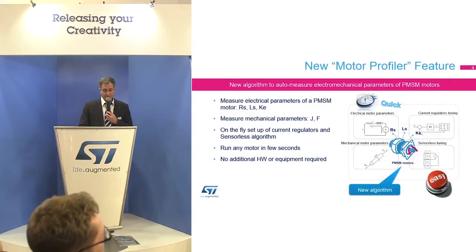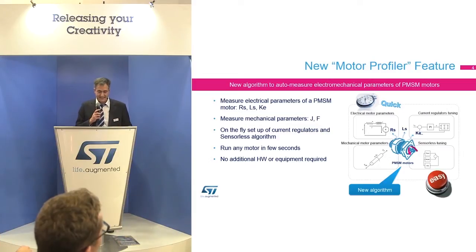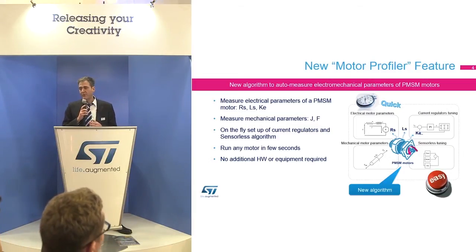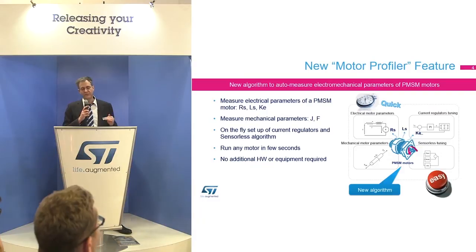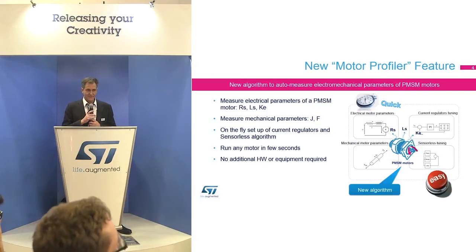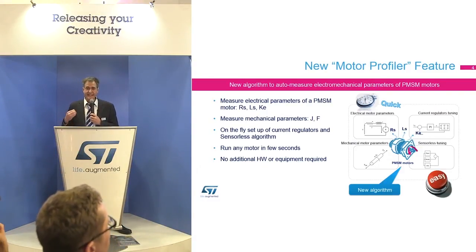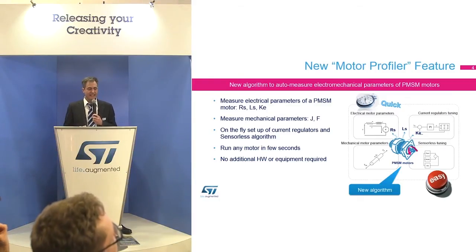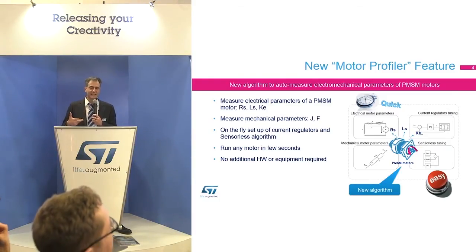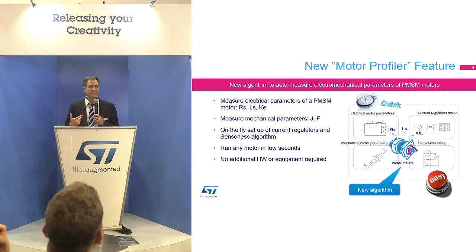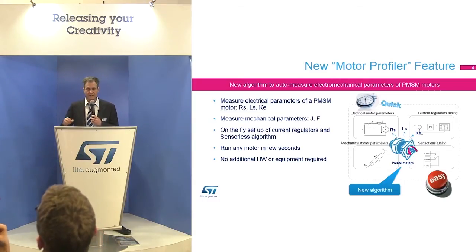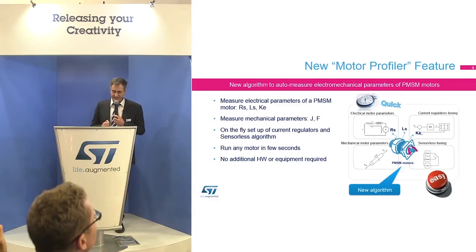So to help the customer resolve this kind of problem, we implemented the new feature that we call the motor profiler. The motor profiler is a set of algorithms that performs the automatic measurement of the motor parameters directly on the system. So it measures the electrical parameters: stator resistance, inductance, and back EMF constant.